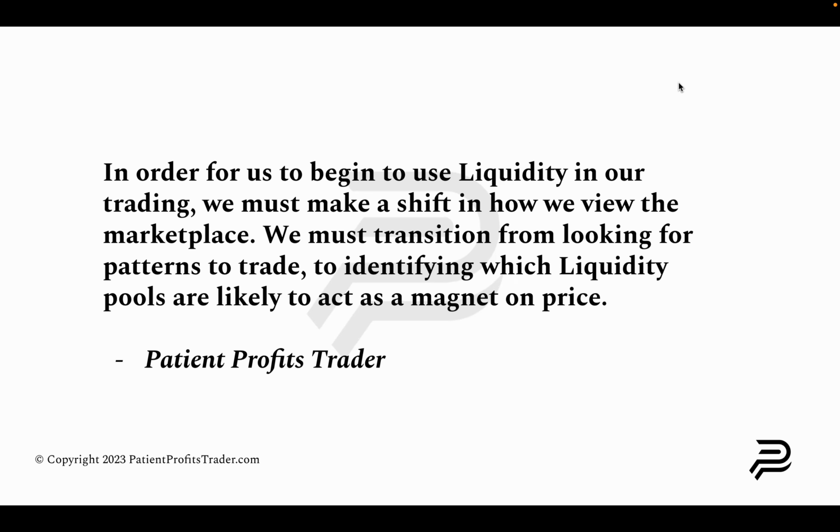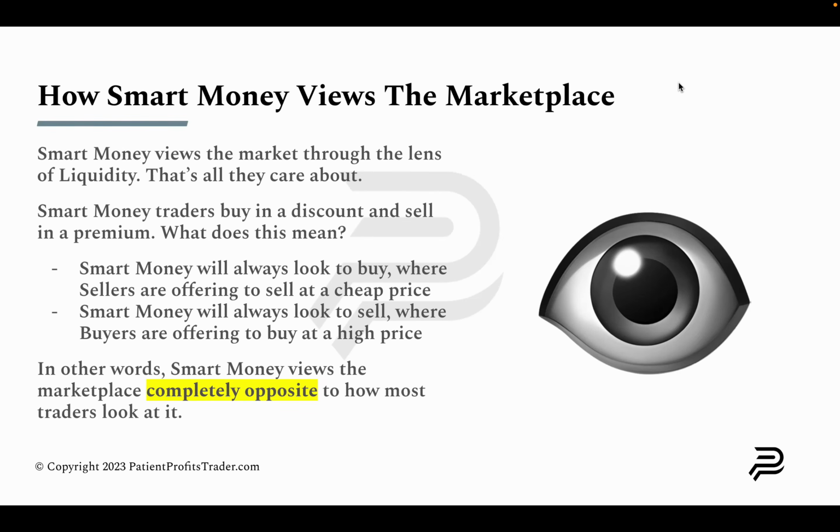If price is always being drawn to liquidity, we must constantly view the marketplace with the understanding of where liquidity rests and which liquidity pools are likely to act as a magnet for price. Okay? So what does this mean? It means we need to start to view the marketplace the way smart money views the marketplace.